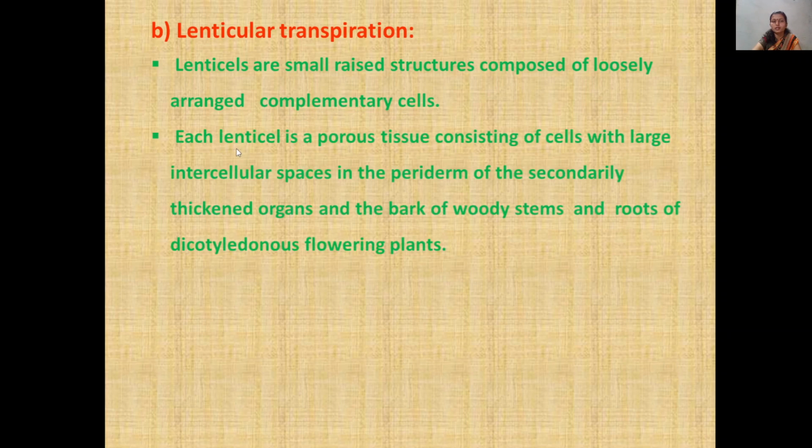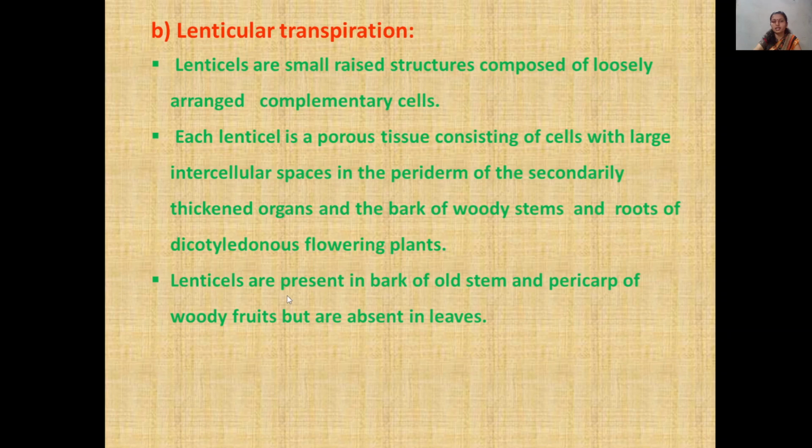Second, each lenticel is a porous tissue consisting of cells with large intercellular spaces in the periderm of the secondarily thickened organs and the bark of woody stems and roots of dicotyledonous flowering plants. Next, the lenticels are present in the bark of old stems and pericarp of woody fruits but are absent in leaves.